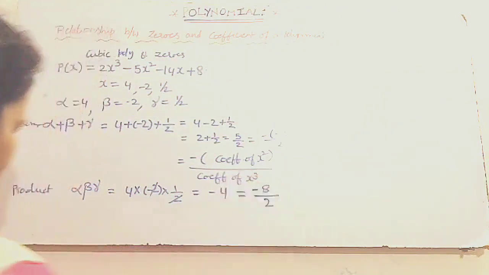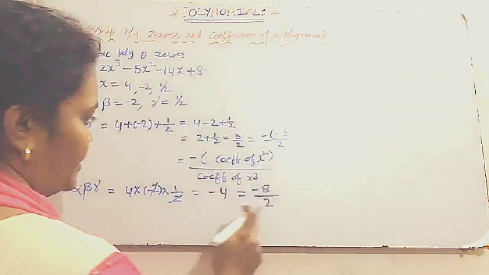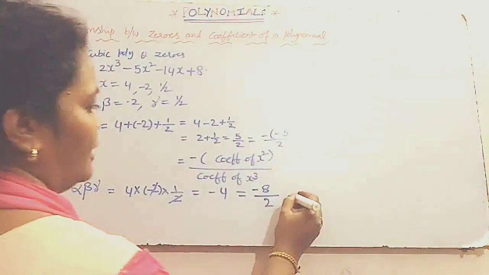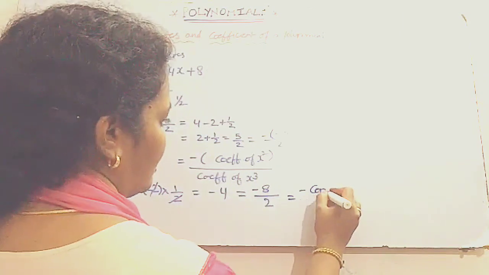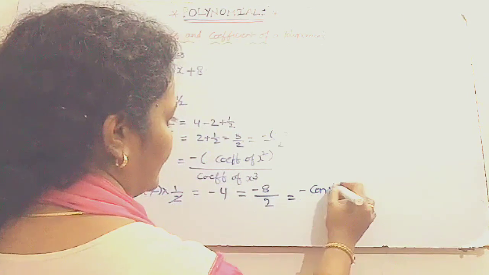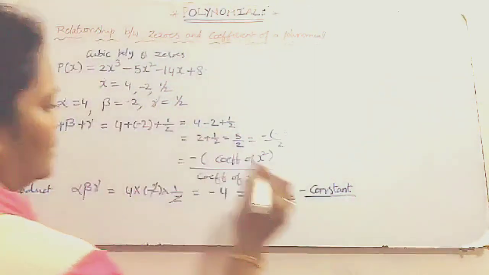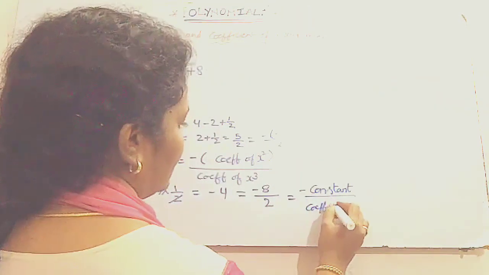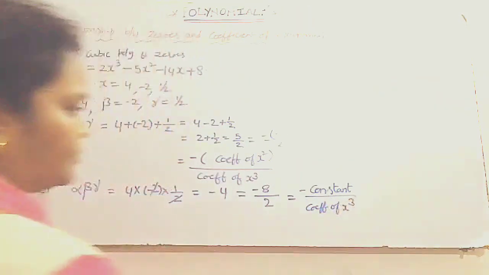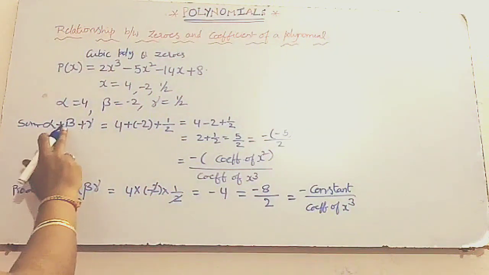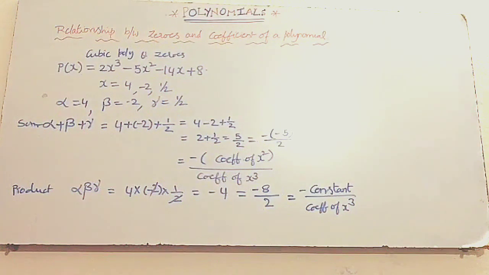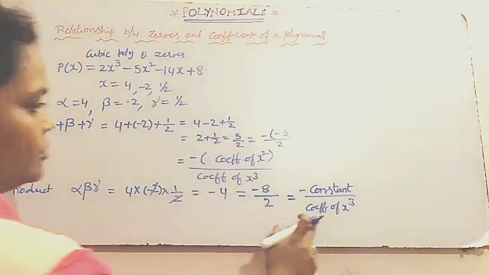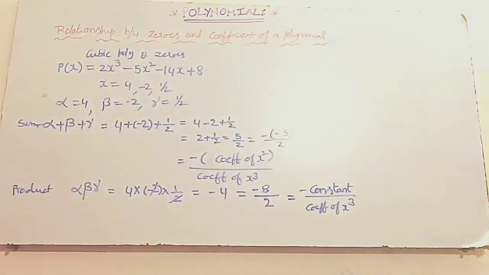So minus, that means 8 by 2 means 4. Here 8 is the constant. So that means constant by 2 is coefficient of x cube. So sum of roots is equal to minus coefficient of x square by coefficient of x cube, and product of roots equal to minus constant by coefficient of x cube.